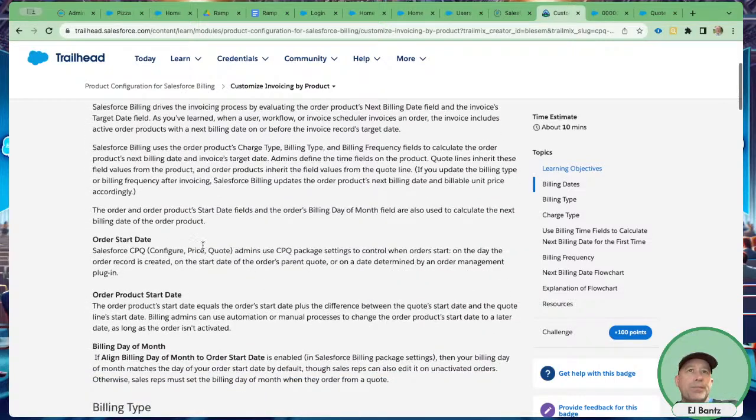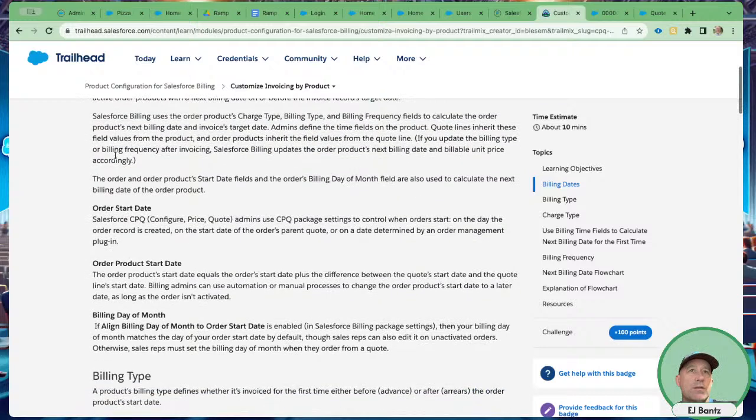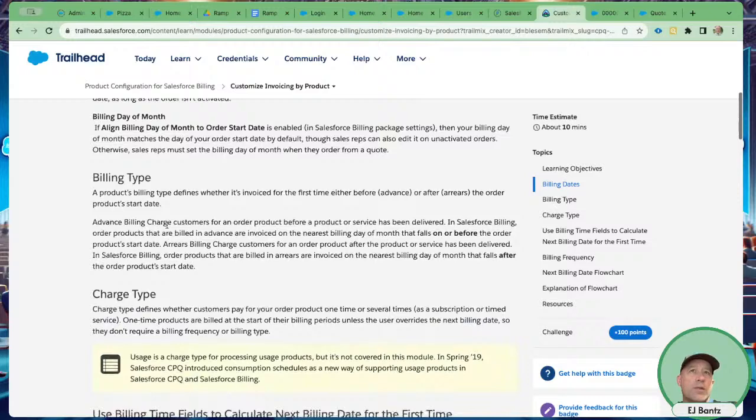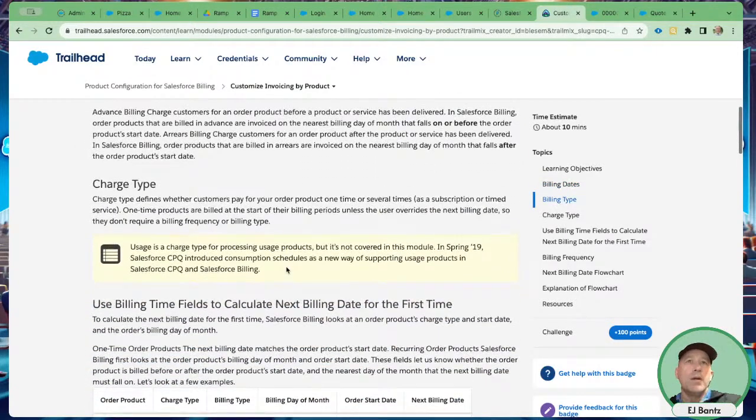Okay. There's just too much for me to absorb here. I gotta look at it and use it. The order and order product start date fields on the order's billing day of month are also calculated. Okay. Billing type. Charge type. One time.